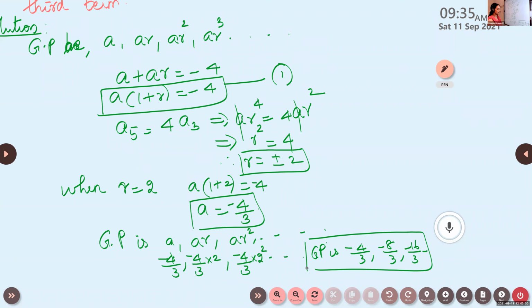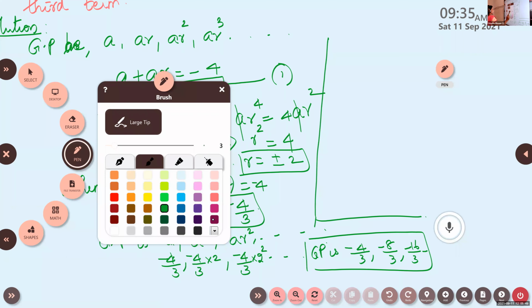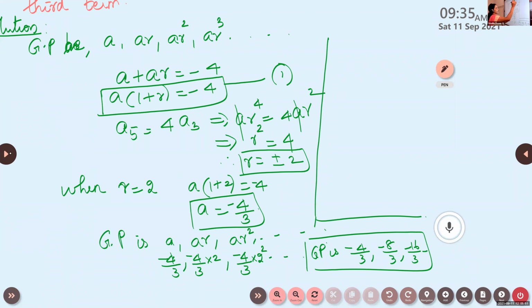When r is minus 2, find out what is a and what is the GP.